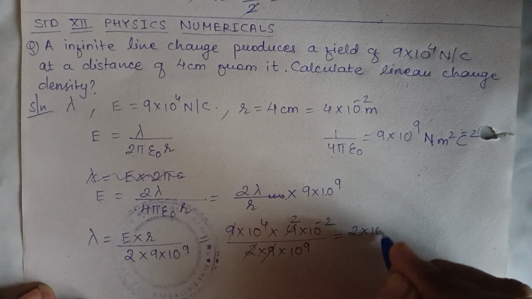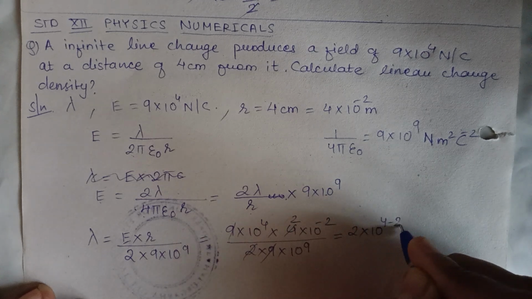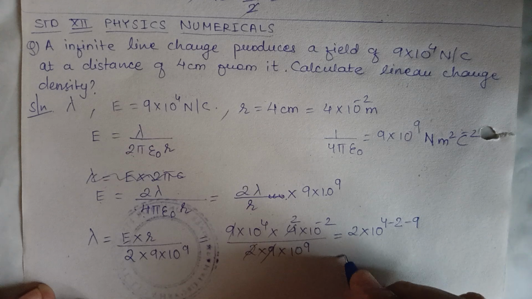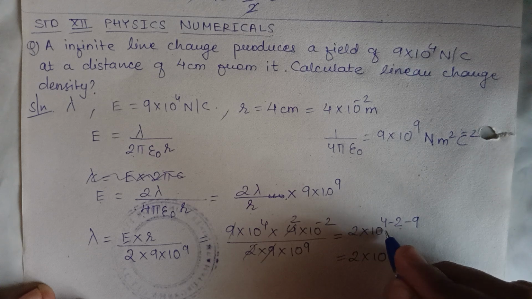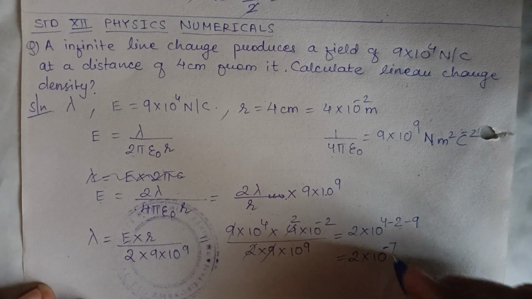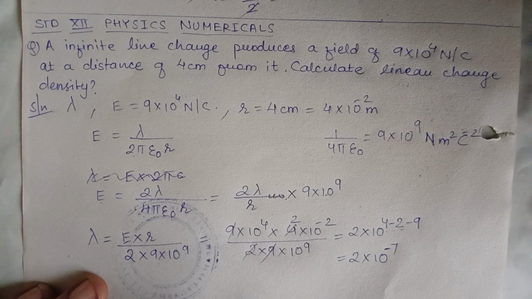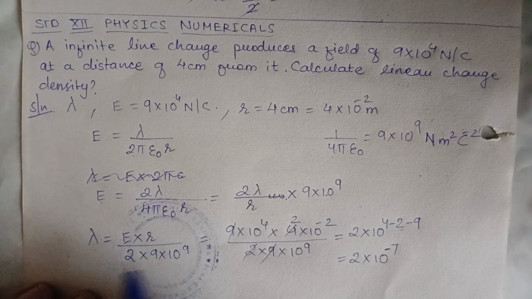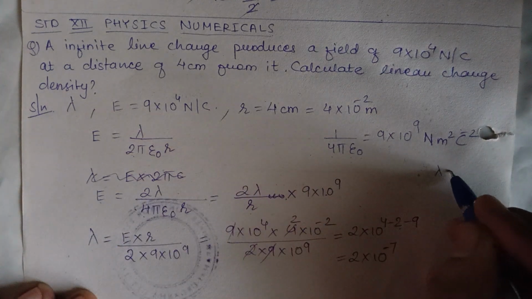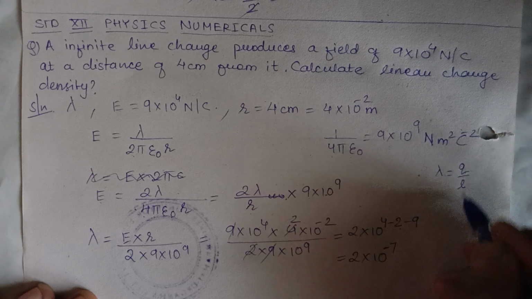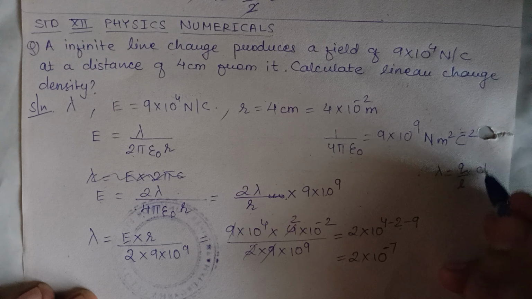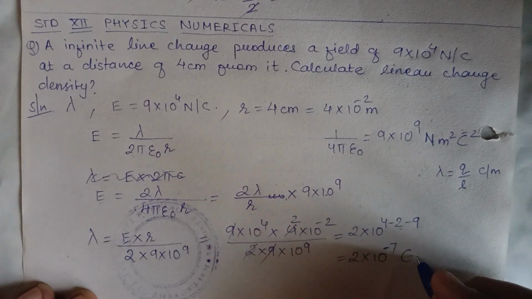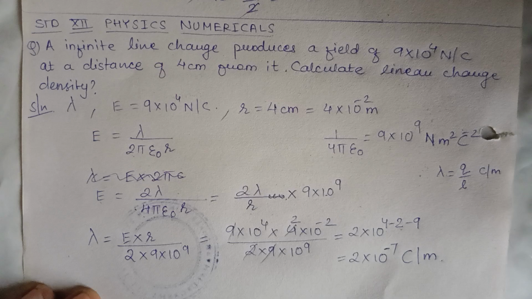So 2 into 10 raised to 4 minus 2 minus 9, that is 11 minus 4, 7. So this is linear charge density. Linear charge density is given by Q upon L, that is coulomb per meter. So this is coulomb per meter.